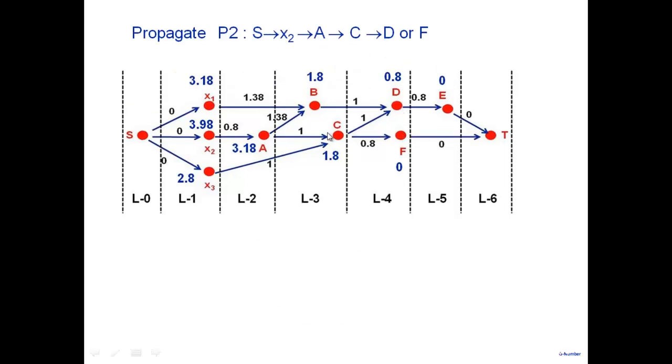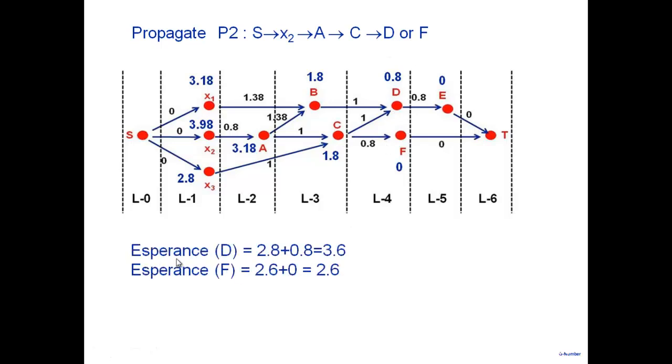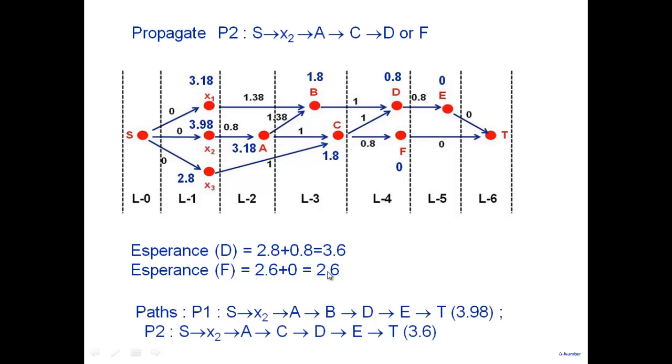So when you come to C here, you can go to D or F. Compute that. The esperance for the D path is 3.6. The esperance for the F path is 2.6 here. And we've already enumerated one path before. One path earlier was the full path, 3.98. So I'm going to reject this 2.6 here, and the other path I'm going to keep, 3.6. So 3.98 and 3.6 here.